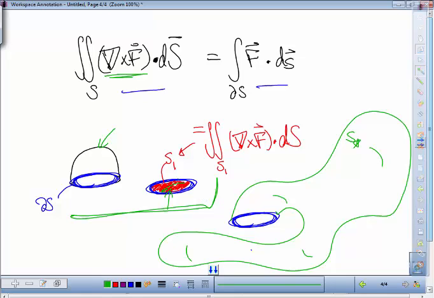So a disk is easier to deal with. This S1 over here would have an x and a y and a 0 for a z. The 0 for a z really would make a difference for a lot of computation. The more zeros that you have, the easier it might be.